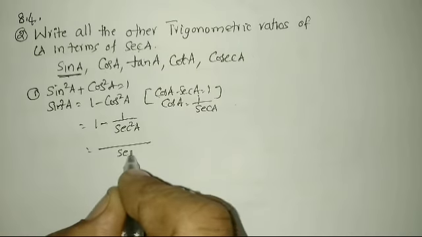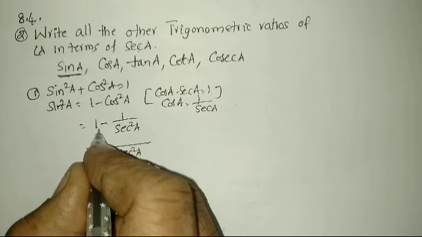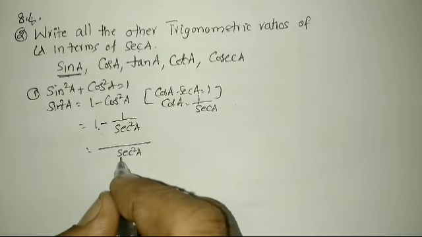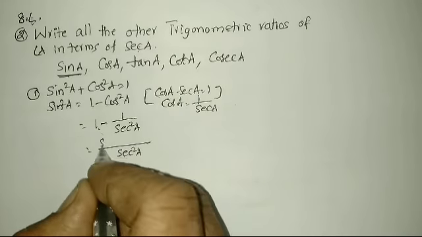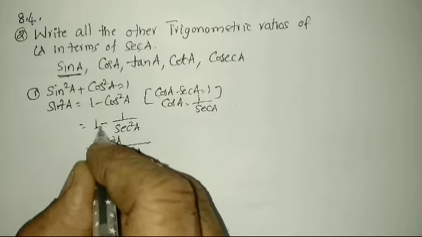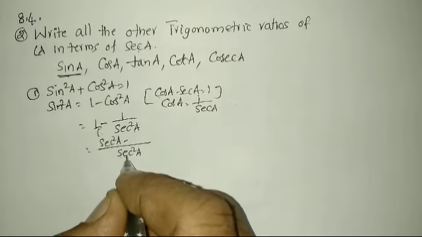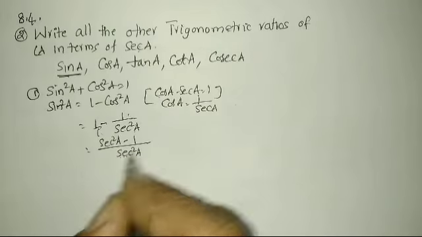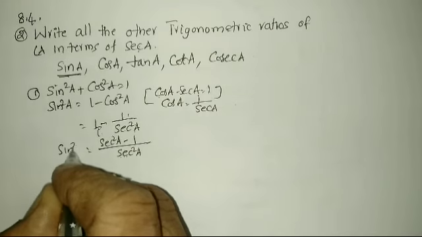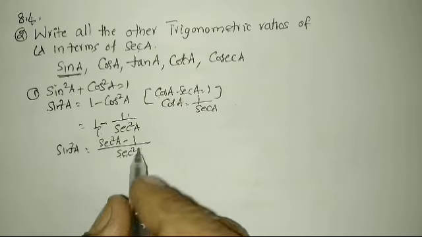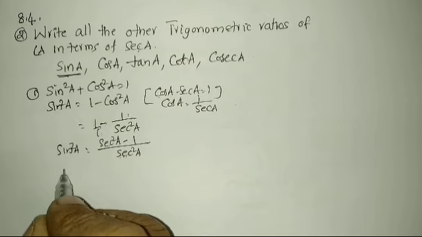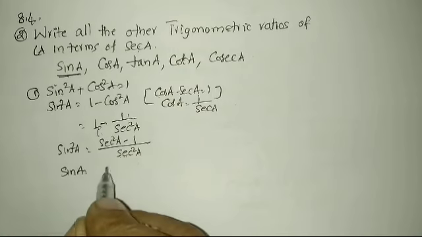So secant square A is the LCM. We get secant square A minus 1 by secant square A. So sin square A equal to secant square A minus 1 by secant square A. Sin A equal to what?